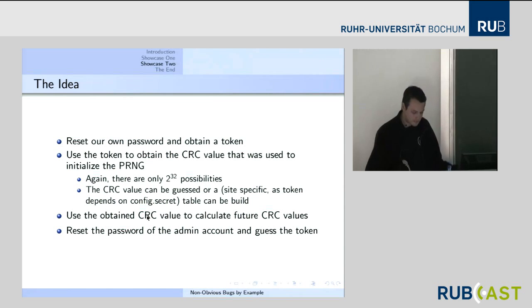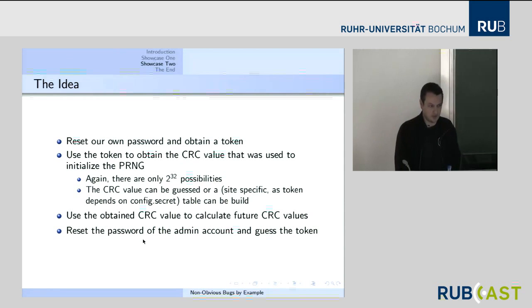And as soon as we know the CRC value, we could try to compute future ones, because the input of the CRC function only depends on the time, and the time we can also measure. So that's the big overall plan. And then, of course, reset the password of the admin account and profit.